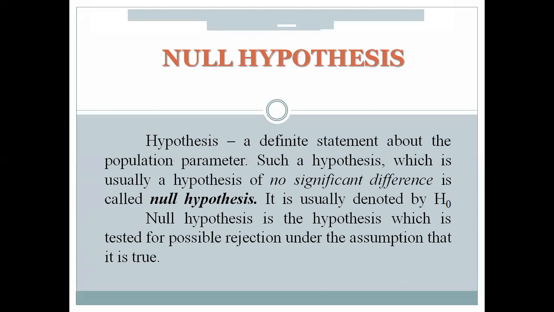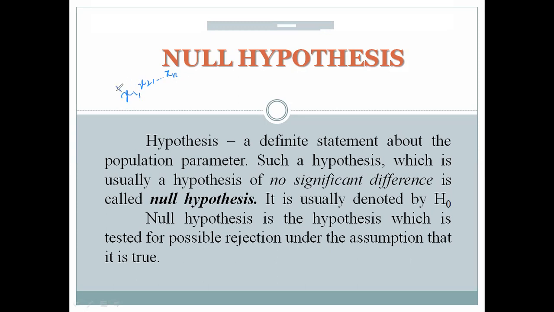First is the null hypothesis. A hypothesis is a definite statement about the population parameter, for example x1, x2, etc. xn. For each one we are taking the population and giving a definite statement.